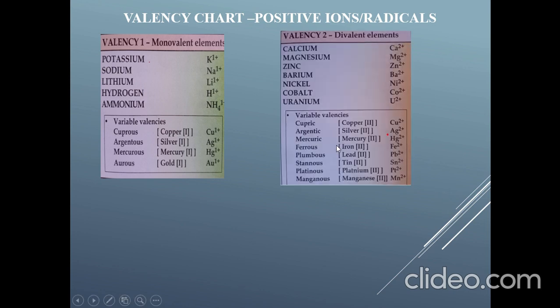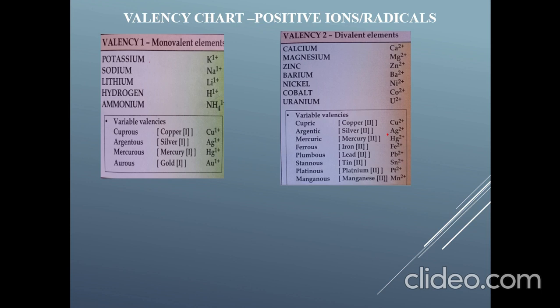They have valency 1. Now calcium, magnesium, zinc, barium, nickel, cobalt, uranium. All of them have valency 2. So they are divalent in nature.